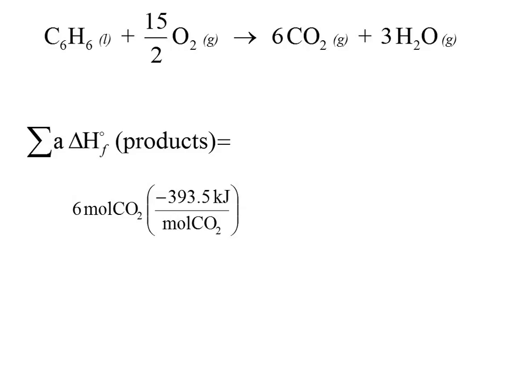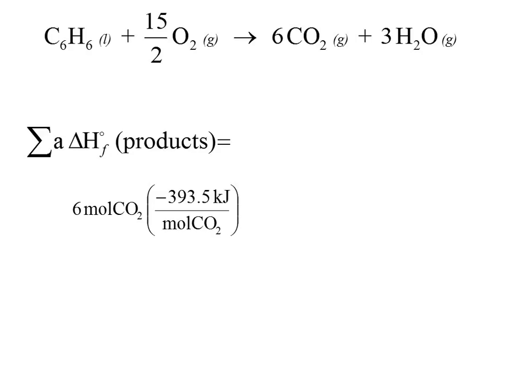The A's, I said, were the stoichiometric coefficients. So we get 6 moles of CO2. The standard molar enthalpy of formation is negative 393.5 kilojoules per 1 mole of CO2. So moles of CO2 cancel. I'm just left with units of energy.